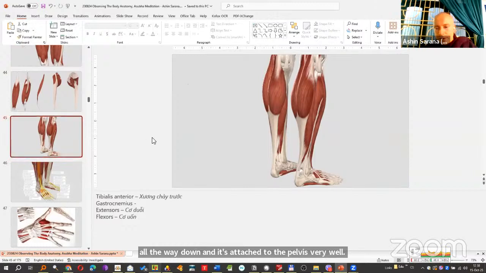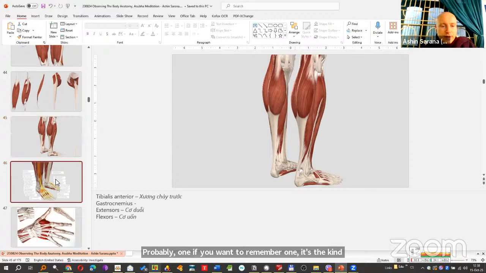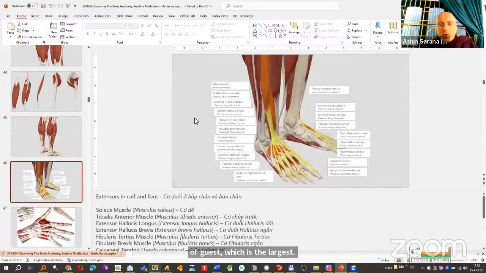Okay, now we are going to look at the calves. So there are many muscles in the calves. Probably one, if you want to remember one, it's the gastrocnemius, which is the largest. And now we are looking at something similar to what we saw in the forearms.